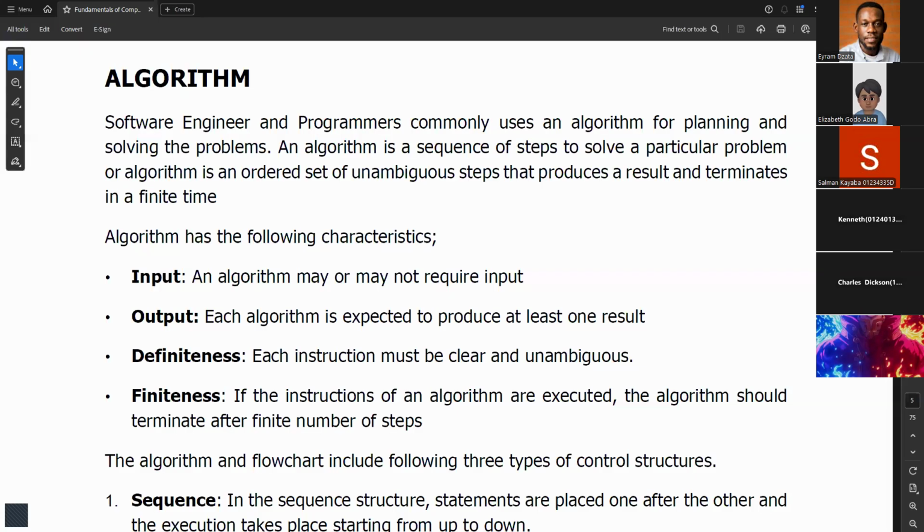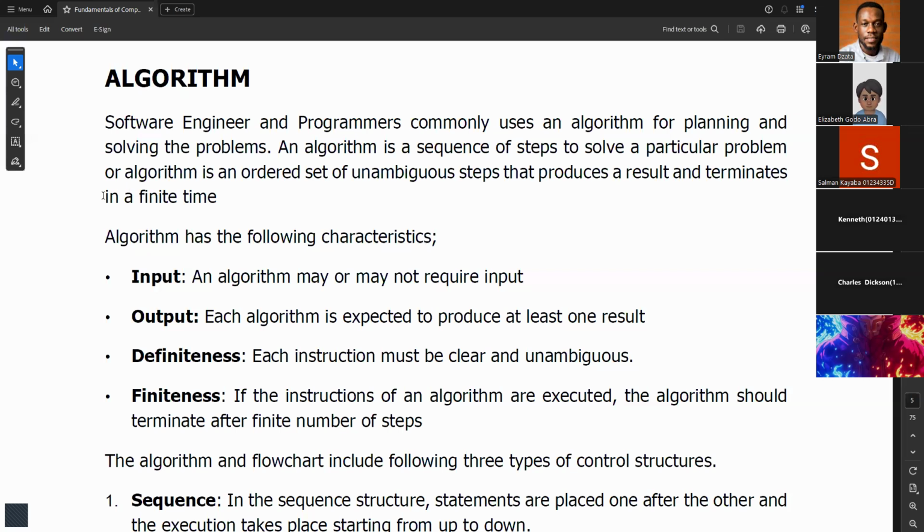So how much space does your algorithm take when running? These are things that you learn more about in level 200 in algorithms and data structures. All right, so let's come back to the foundational level.